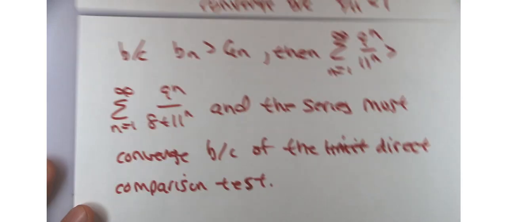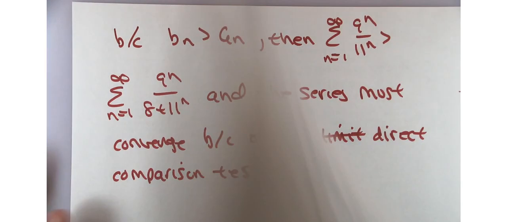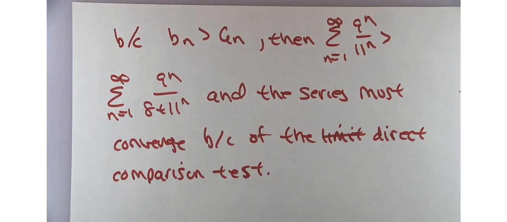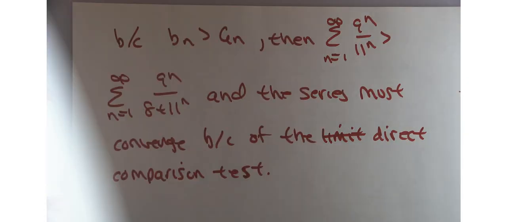The hard part in these is coming up with a series that you're going to compare to. That is something I'll ask you on an exam. If you're going to say it converges or diverges by the direct comparison test or the limit comparison test, I want to know what series you're using. A lot of the work that I do in my head is what I'm trying to verbalize for you now: let's look at the important parts of the series.